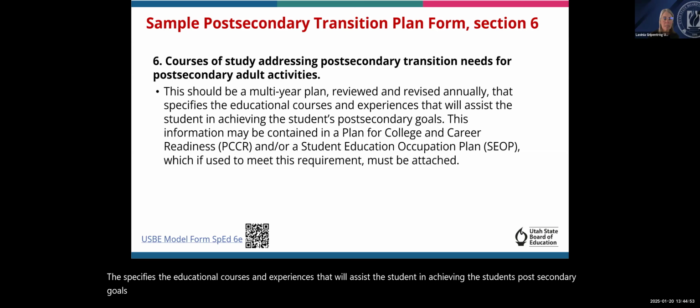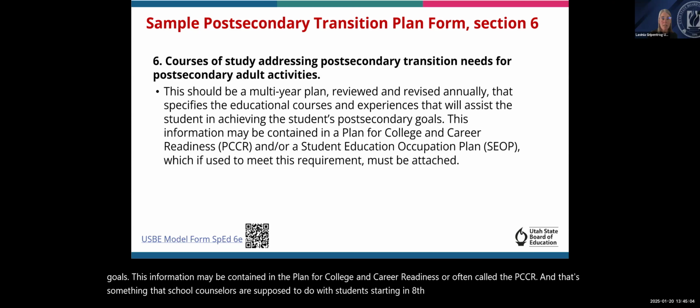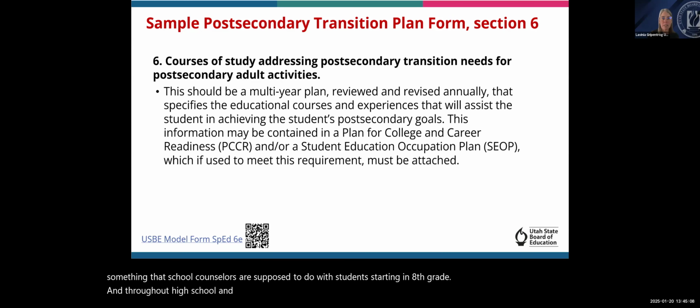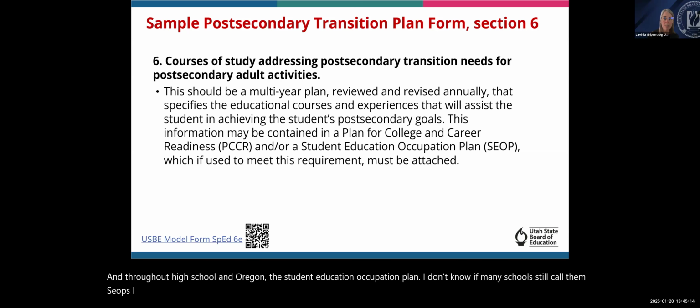This information may be contained in the Plan for College and Career Readiness, often called the PCCR, and that's something that school counselors are supposed to do with students starting in 8th grade and throughout high school, and/or the Student Education Occupation Plan. I don't know if many schools still call them SEOPs. I think most schools now call them the PCCR plan, which, if used to meet this requirement, must be attached.